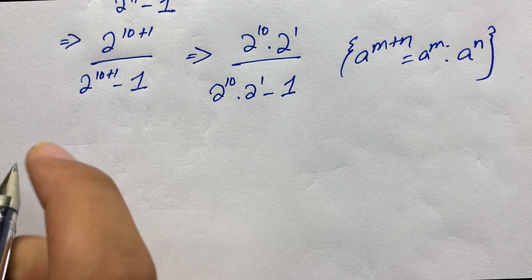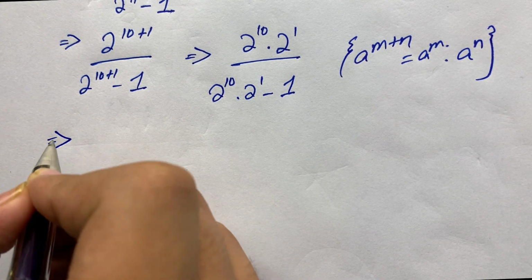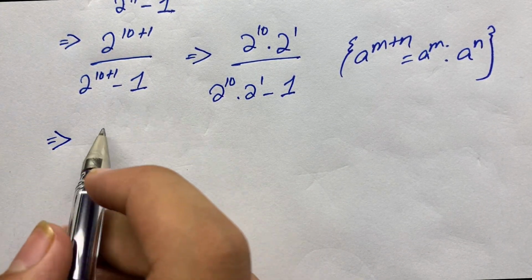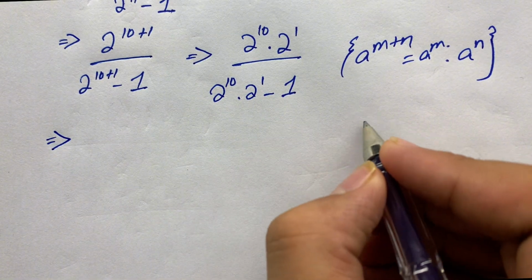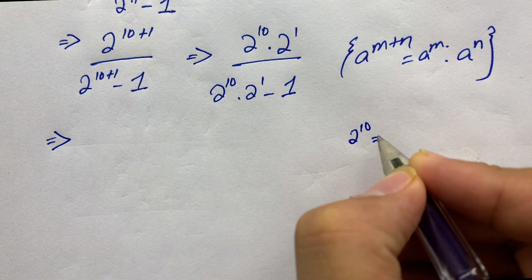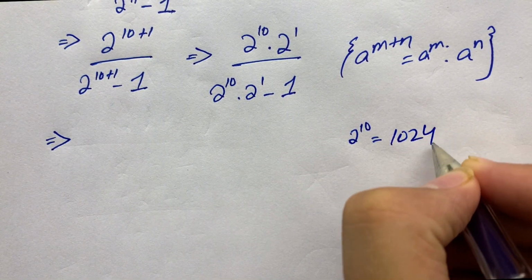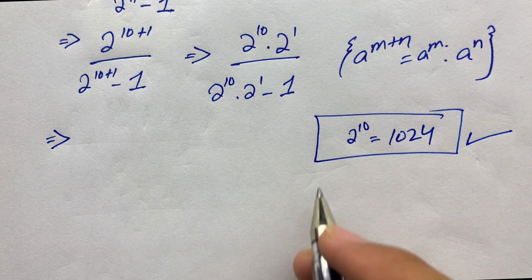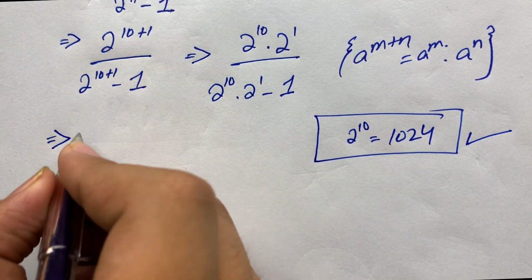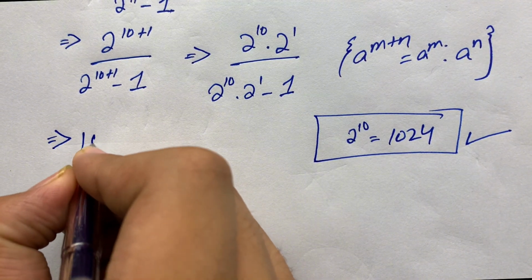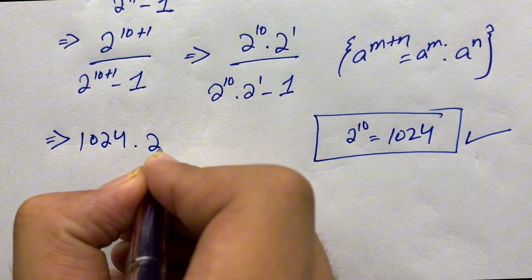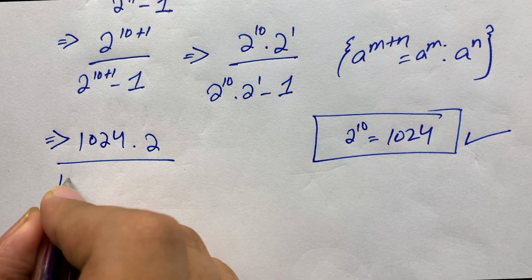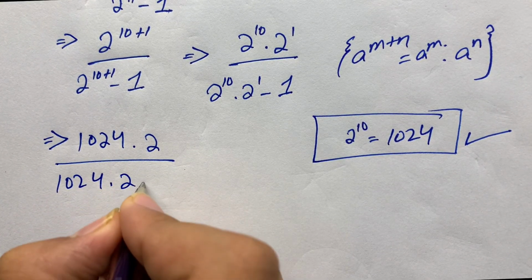Now this 2^10 is equal to 1024, and we are putting this in: 1024 times 2 divided by 1024 times 2 minus 1.